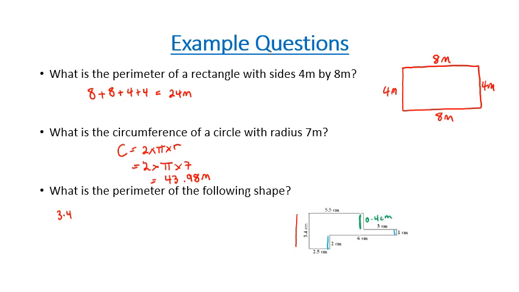So 3.4 centimeters plus 2.5, so I'm going to go this way, plus 2, plus 6, plus 1, plus 3, plus 0.4, plus 5.5, and that will give us our answer.